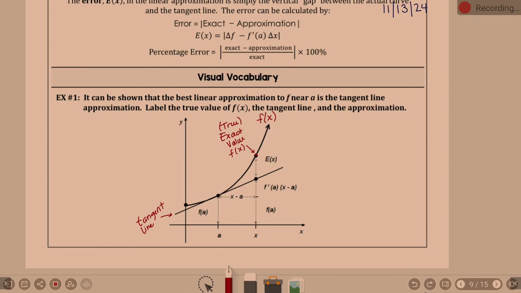So if you're now asked for x, the true or exact value is here on the curve. Where's the estimation? The estimation is that point right there. That is your estimation, or linear approximation value, which is the vocabulary they use here.